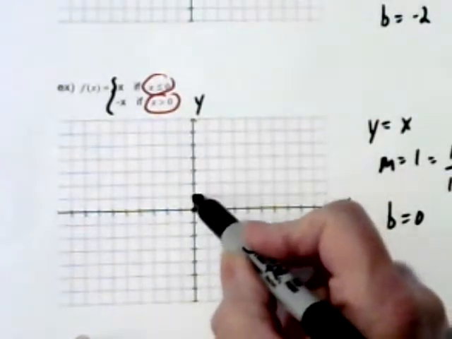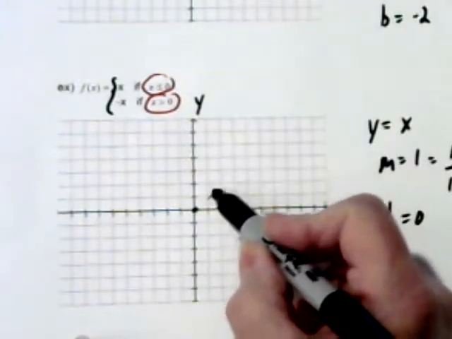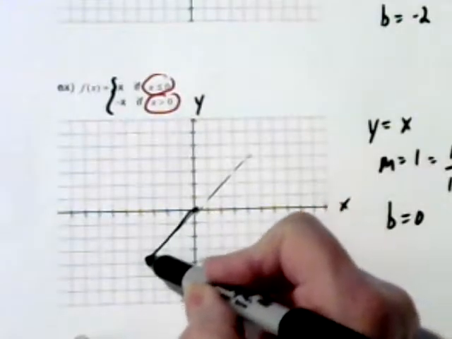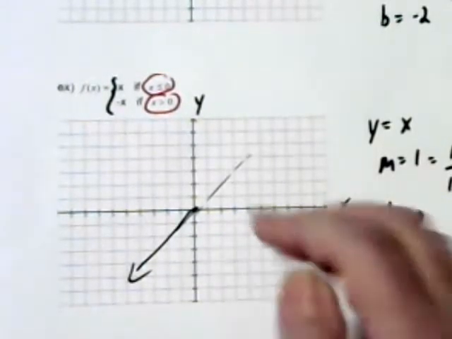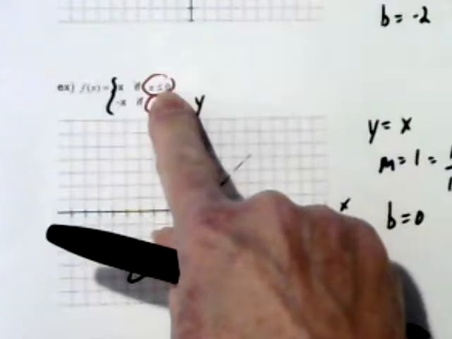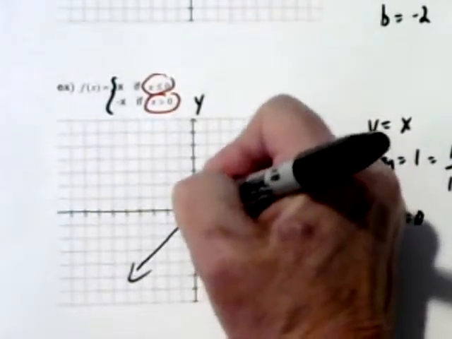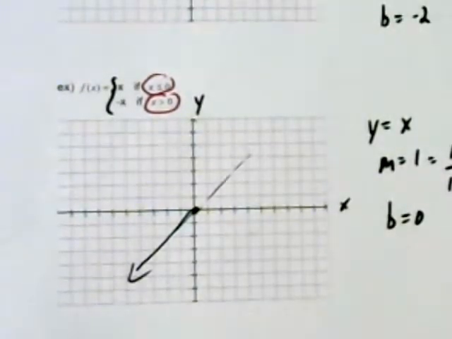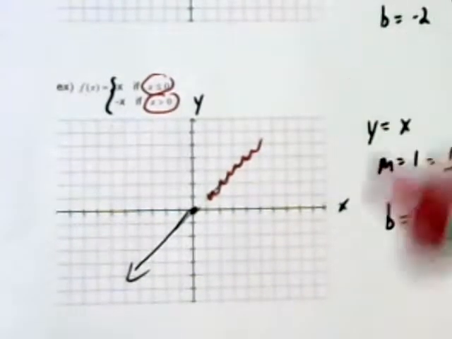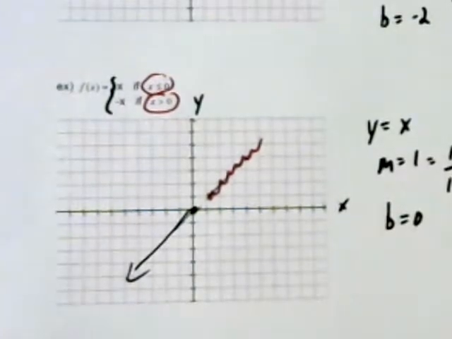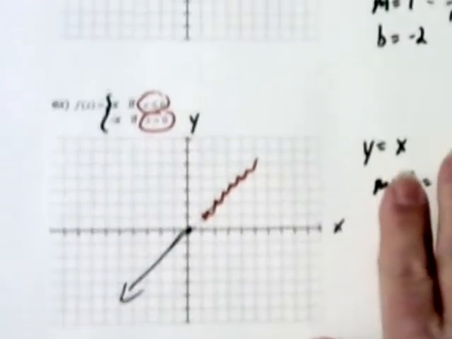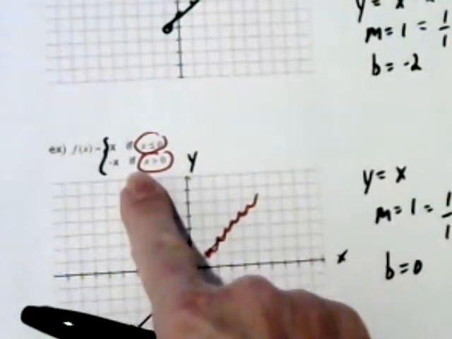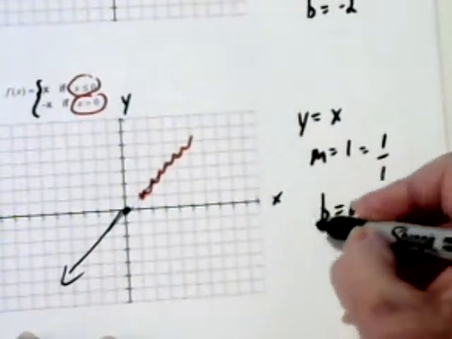So we would go up 1 over 1, up 1 over 1, and our line would be something like this. Now, because this is less than or equal to 0, we're going to stop here. And this line here is not going to happen. So that part of the line doesn't exist for this particular function because this is only good for x's less than 0.